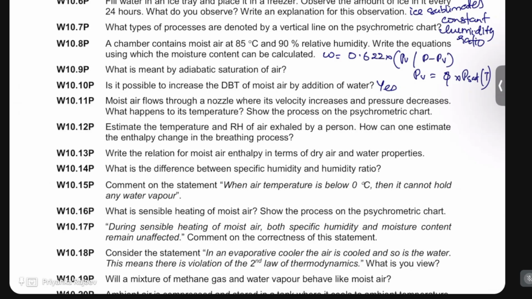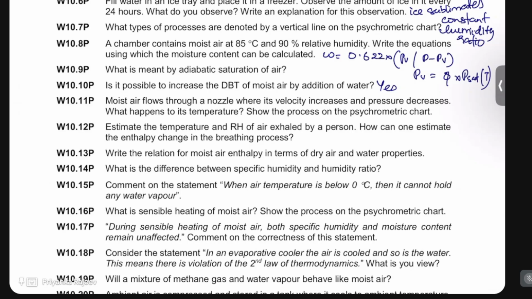Okay, so air through a nozzle, velocity is going to be increasing and pressure is going to decrease. For an ideal gas in a nozzle, usually the process is isentropic. Temperature drops.